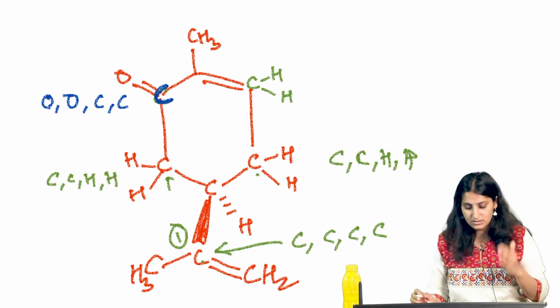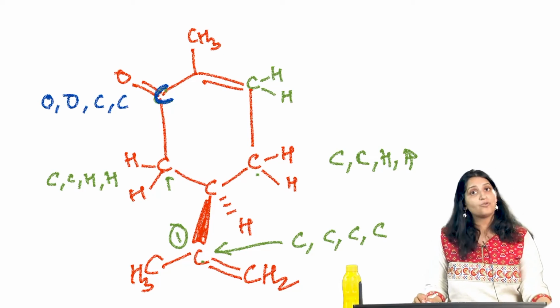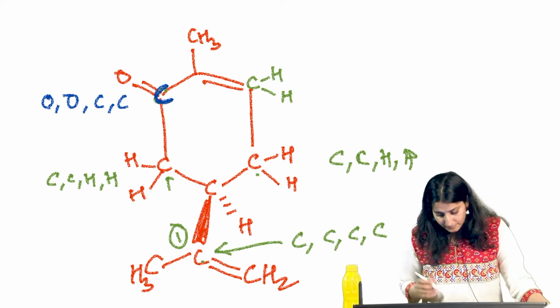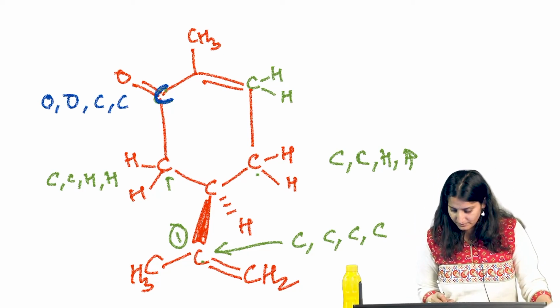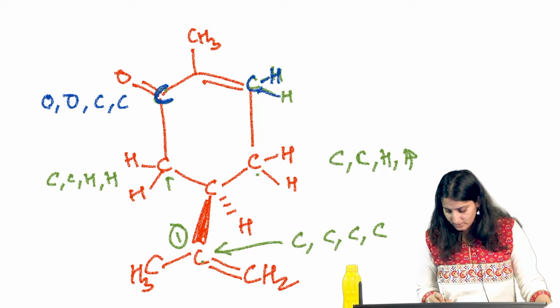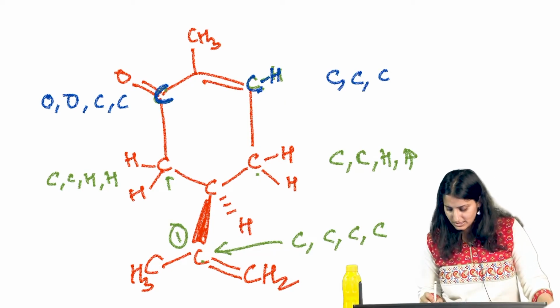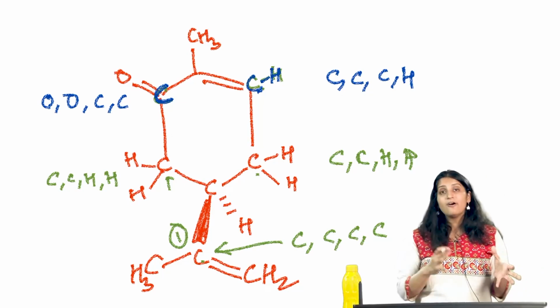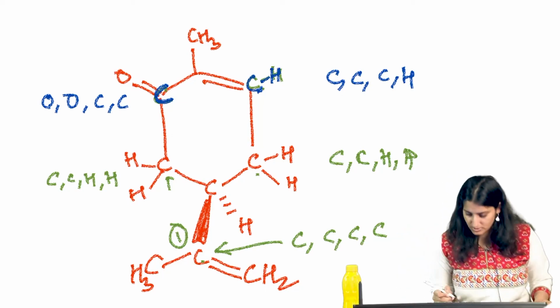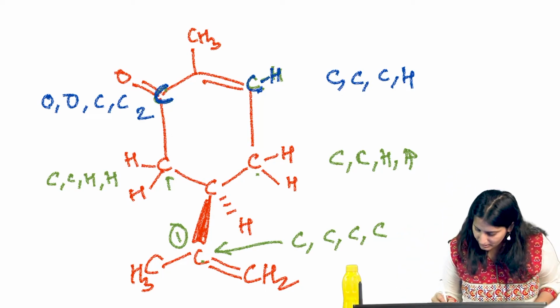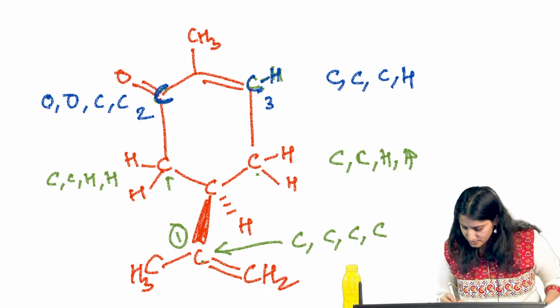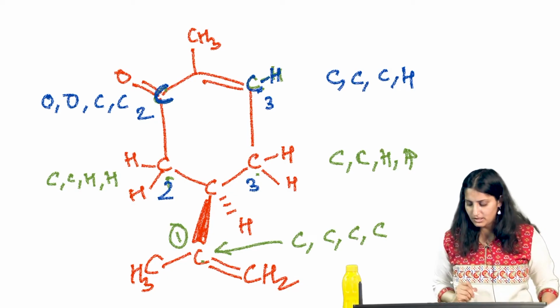So this carbon has attachments of O, O, C and C, whereas in the other case you have the attachments of C, C, C and H. Now, between oxygen and carbon, oxygen wins. So this one will get second priority, this one will get third priority. Likewise, this will be 2, this will be 3.